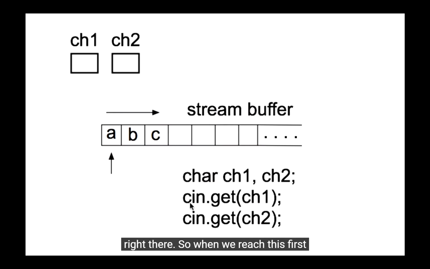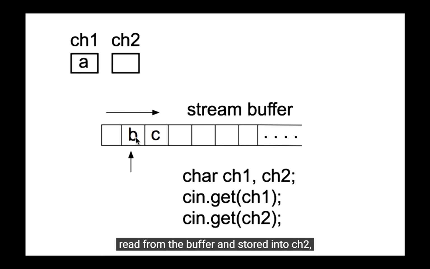So when we reach this first cin.get statement, that will remove the first character from the buffer and store it at memory location ch1. So the A goes from the buffer into ch1. And then the next character to be read moves over to the next byte right there.